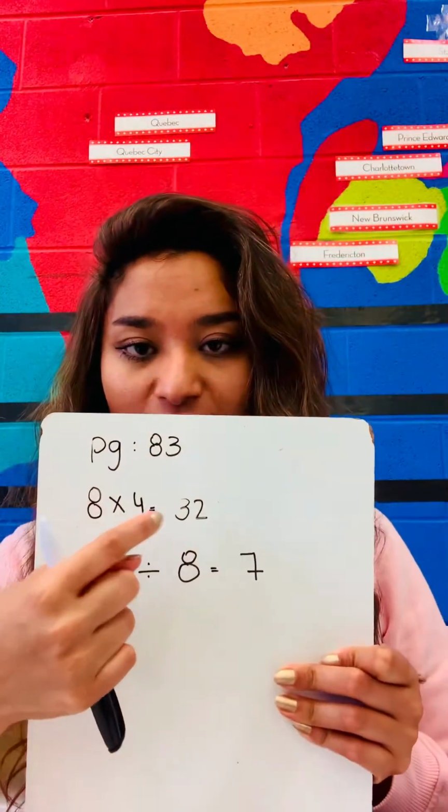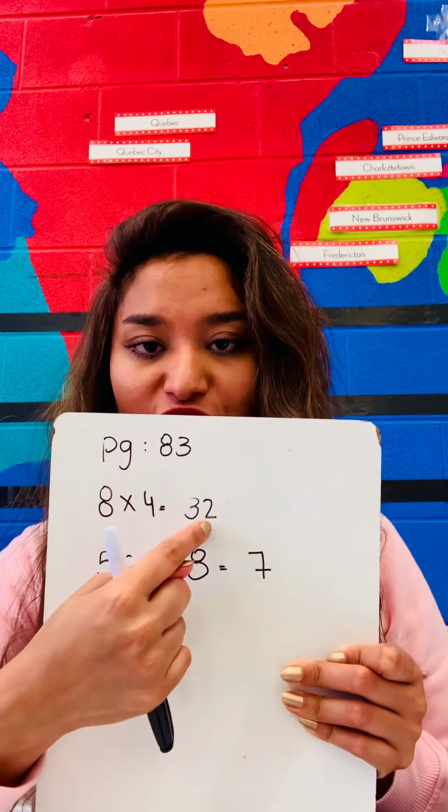So for 8 times, I go to my 8 times table, and here's my 8 times table, and I go to 4. So 1, 2, 3, 4. 8 times 4 gives me 32.